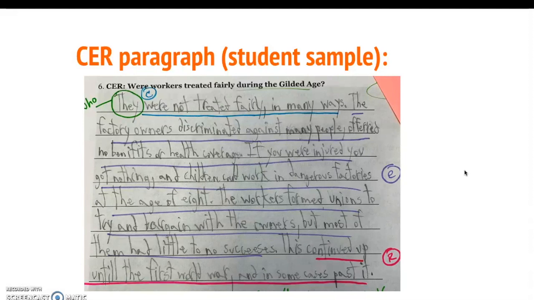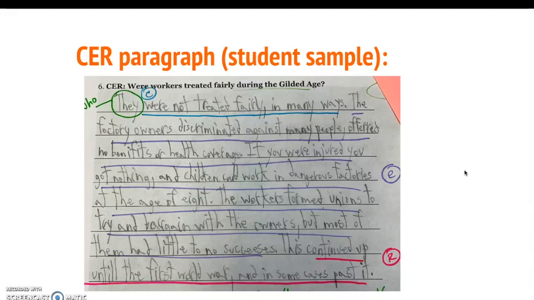They were not treated fairly because the factories that they worked in were dangerous. So something a little bit more specific. For the evidence, for this student in particular, I would suggest that they just pick one piece of evidence to support their claim, to really make it hit home, be clear, concise, and to the point.